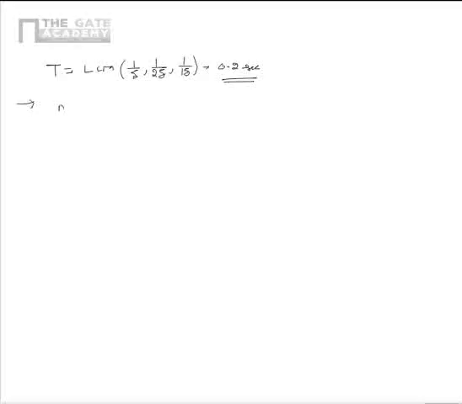In this, there are four discrete time signals given in the options A, B, C, and D. We have to find which of these signals are periodic. Option A corresponds to sine pi by 3 n plus sine 2 pi by 3 n.